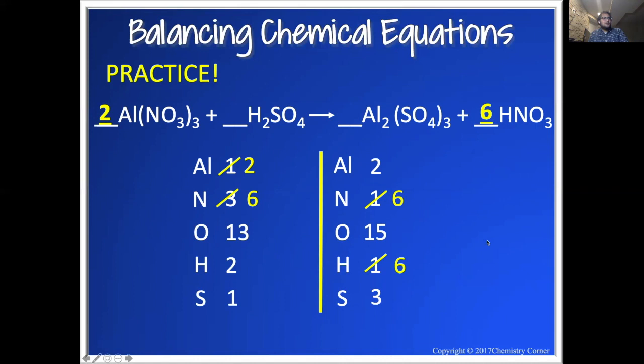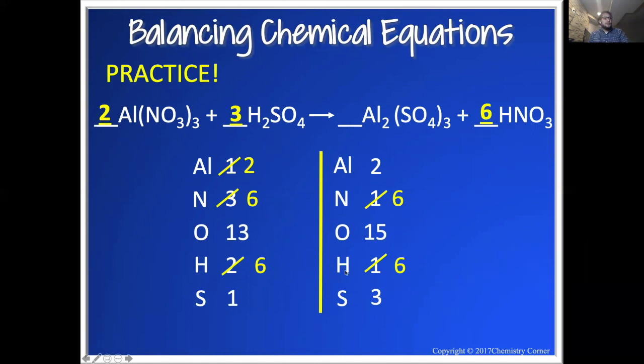Okay, I've got 6 on the right side and I've got 2 on the left side. And so then I know I'm going to add a coefficient of 3 right here where the hydrogens are on the left side, because I need to make sure that I do 3 times 2 in order to get 6 hydrogens, right? Think of it like a math puzzle here. You're just fixing each little element until the whole thing is fixed, okay?